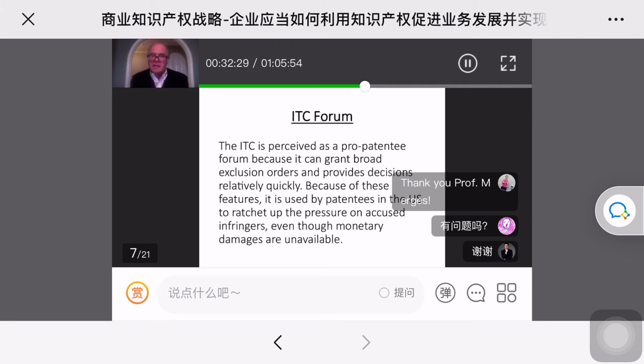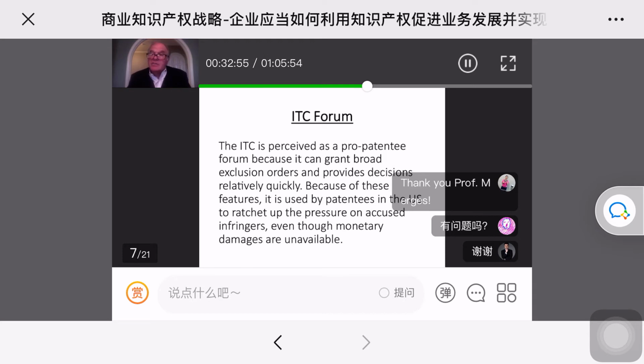There are some features of the ITC that are favorable, that are beneficial for IP owners. It can be quicker to get a result than taking an IP case to a U.S. court. It can also give you a powerful exclusion remedy.